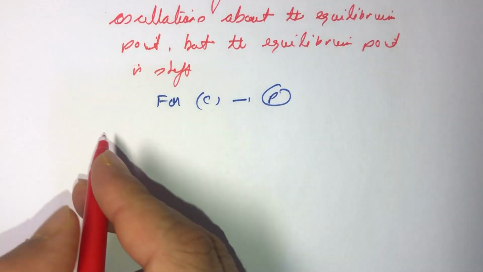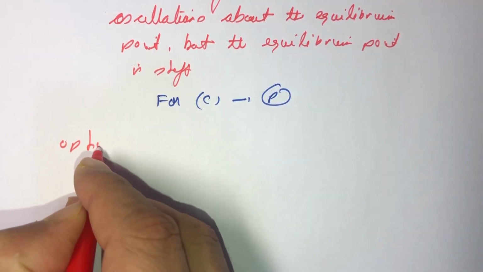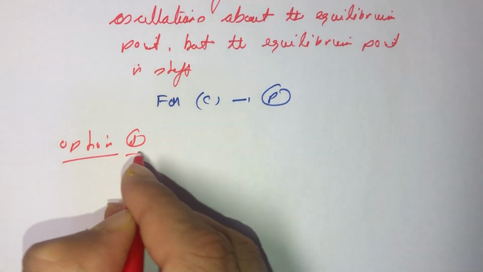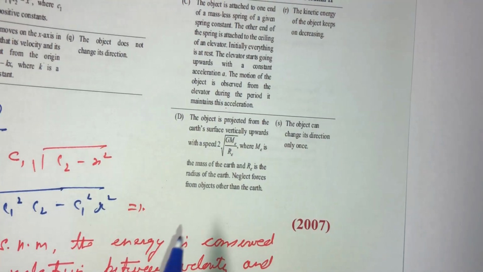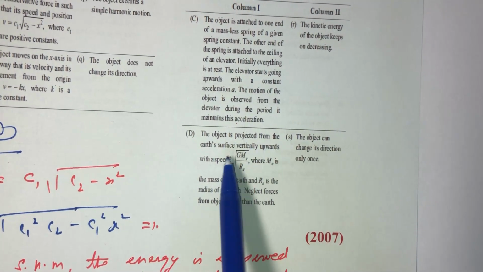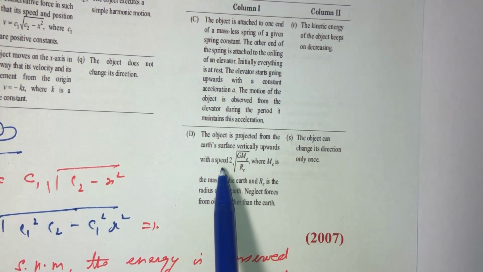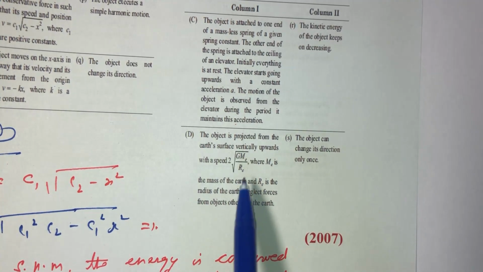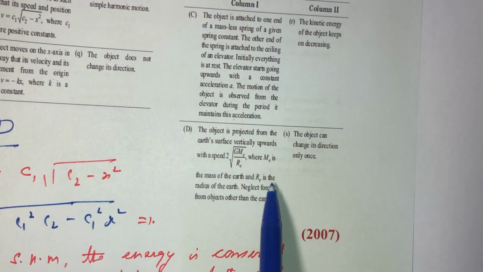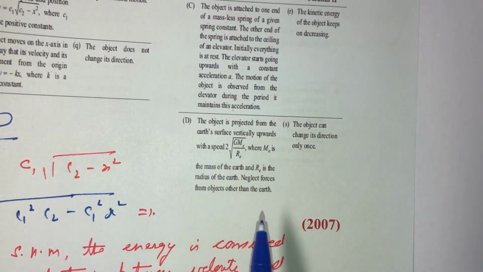Let us find out about the option D. And option D states that the object is projected from the Earth's surface vertically upwards with a speed that is given as root of 2GM upon R, where M is the mass of Earth and R is the radius of Earth. Neglect the force of the object.